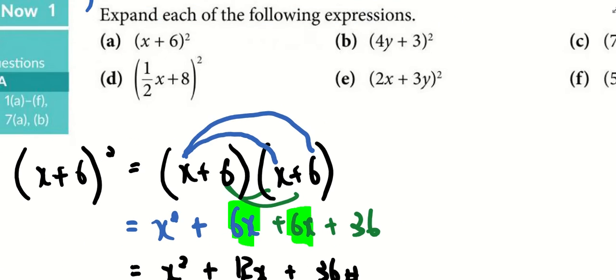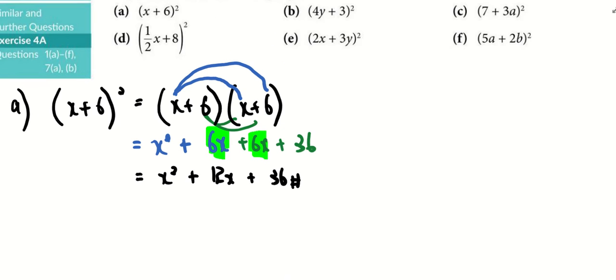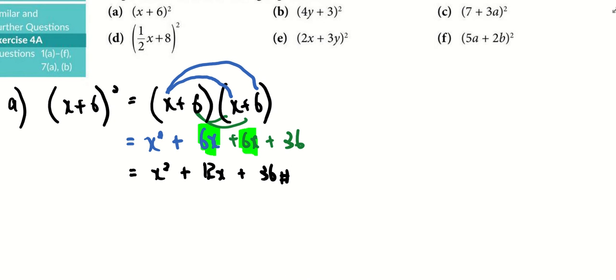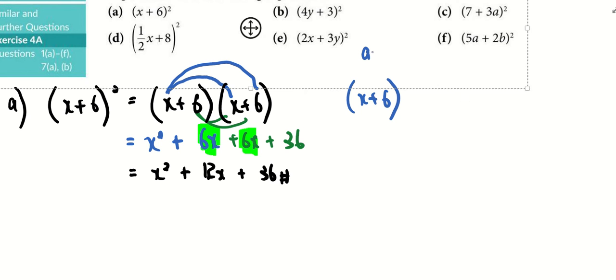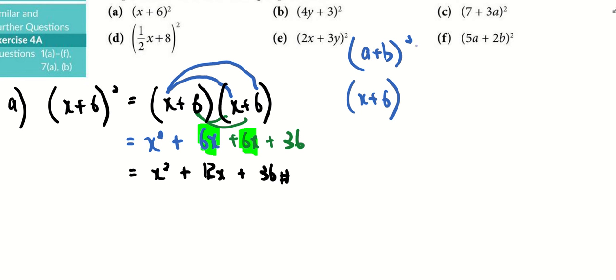Okay, let's see how we use the formula right now. I will not use rainbow, I will use the formula method. Let me write it out. If you recall, (a + b) squared, as you can see on the whiteboard, I'm going to write it out also. A squared plus 2AB plus B squared.